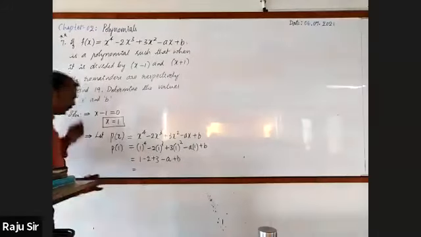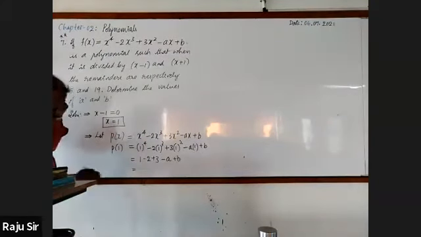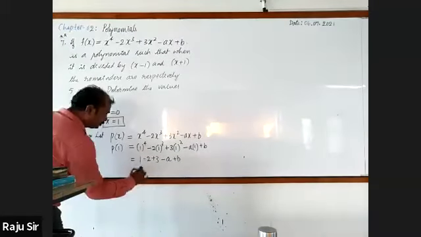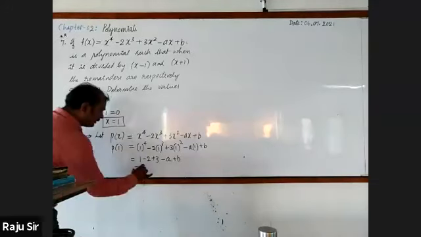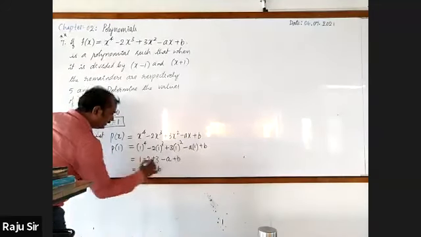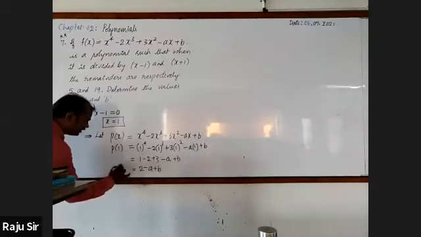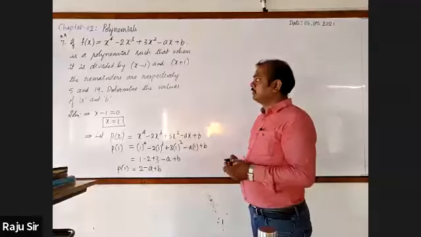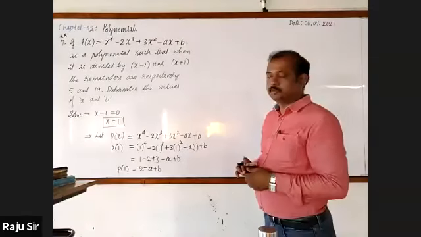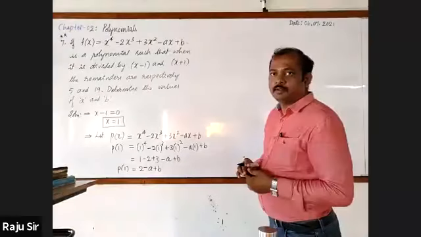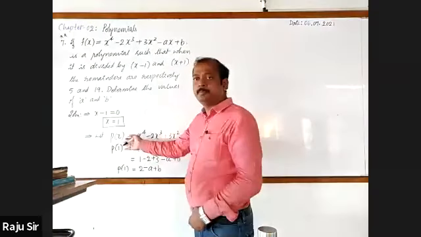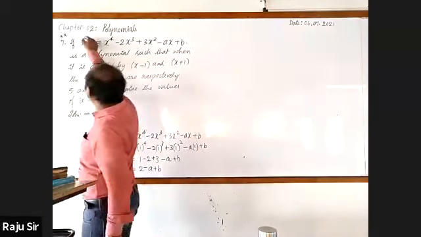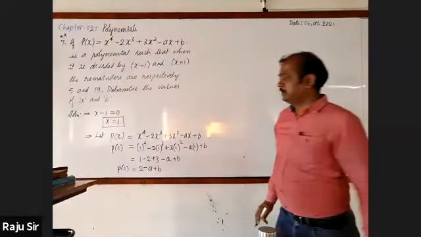Now this is equal to, see that, 3 plus 1 is 4, 4 minus 2 is 2. So 2 minus a plus b. This is the value of P of 1.